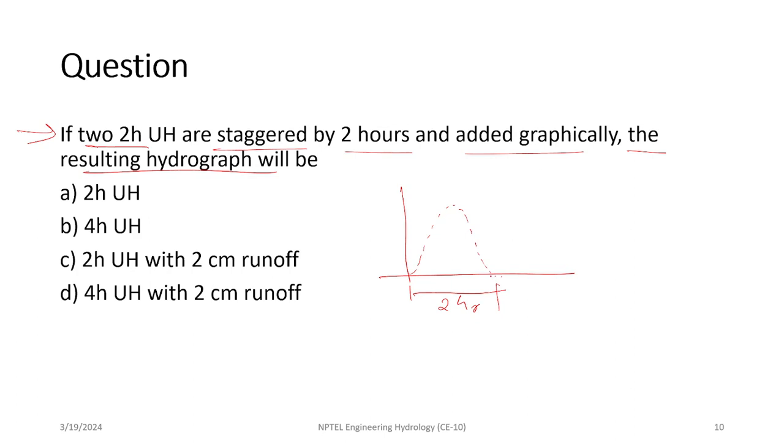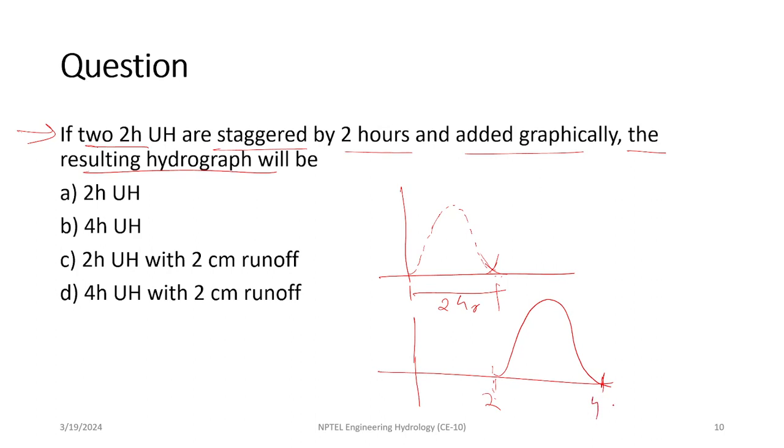Now again, if 2 are staggered by 2 hours and added graphically, so if I lag this entire unit hydrograph by 2 hours, in the next step I am making, now again I am lagging this.